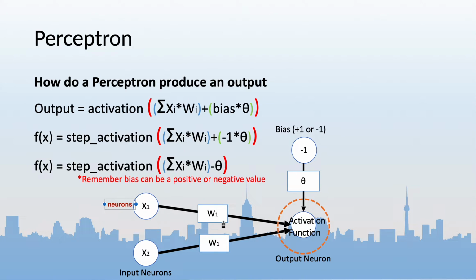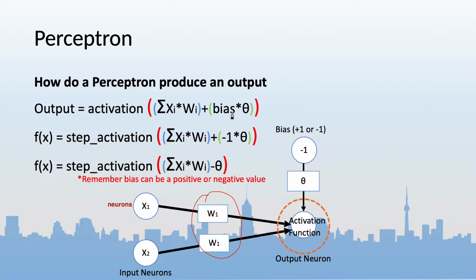Why we need to update the weights is because a neural network learns through a repeated adjustment of these weights.